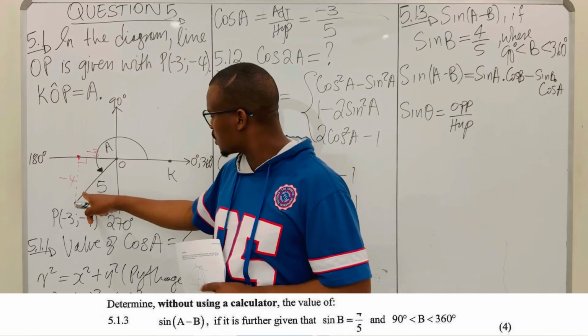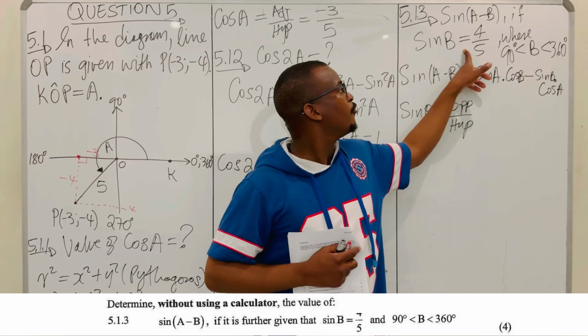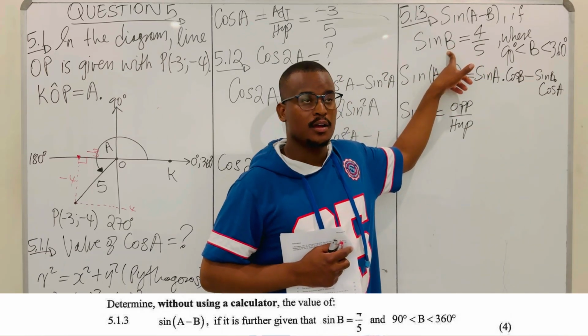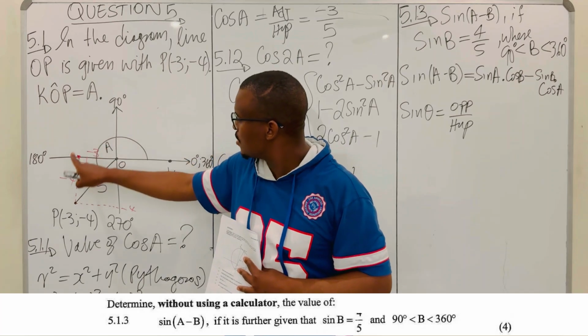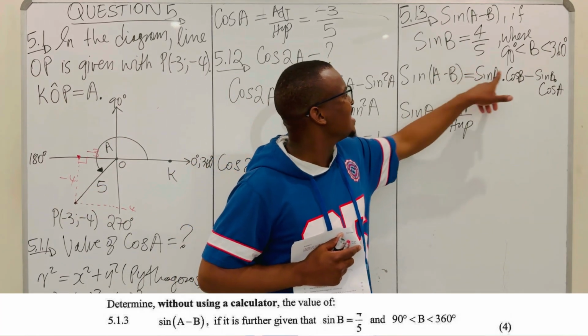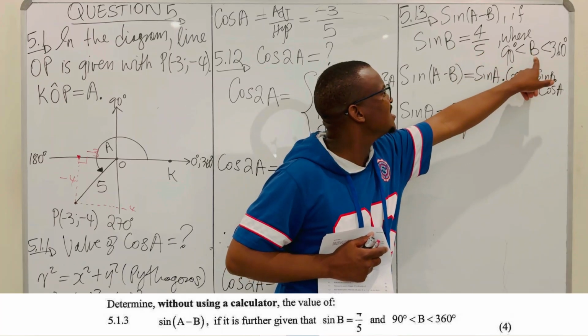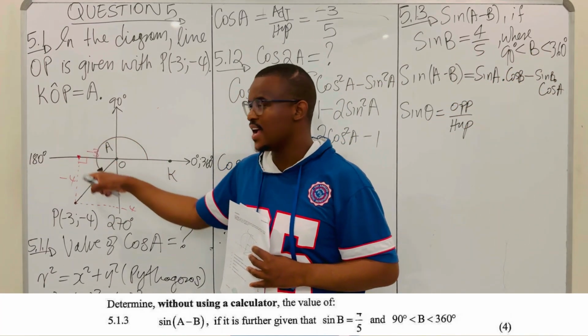So if we want to draw something like this for this triangle, for this trig ratio here, first we know that it will be on this quadrant, or this quadrant, because the B, which is an angle, is more than 90 but less than 360. So it's between these three quadrants there.